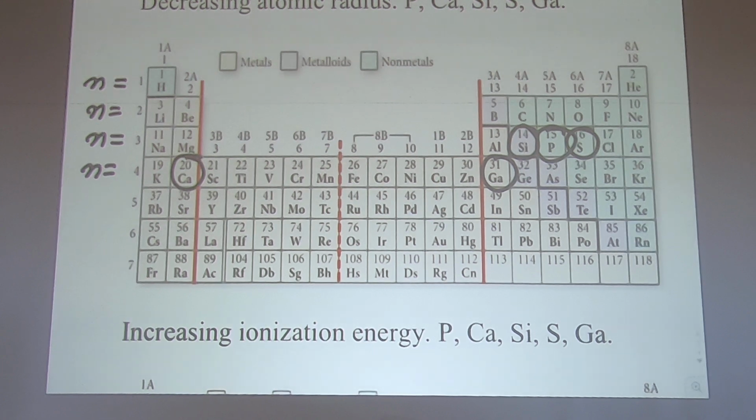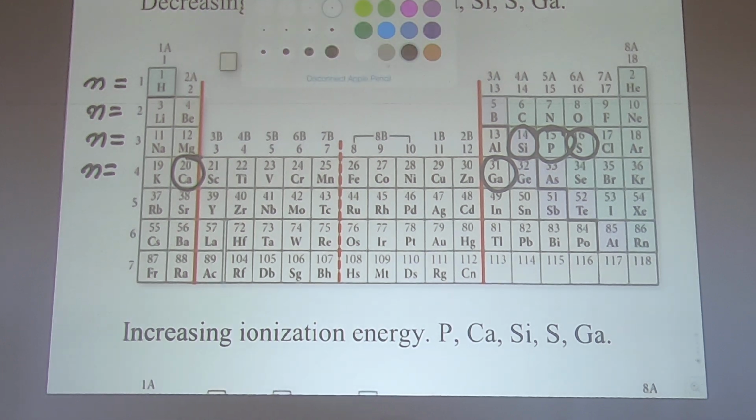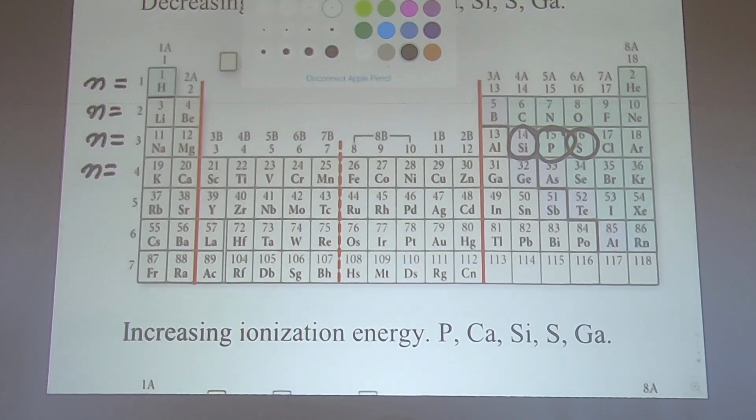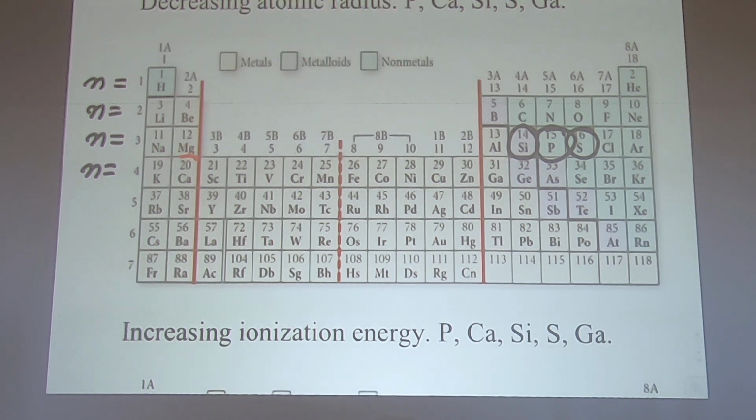So they are in a different league. Let's just see that. I'm going to put a different color here. These are the ones that are going to be bigger than the ones where n is 3. So my choice is to pick calcium and gallium; they will be on the bigger side.